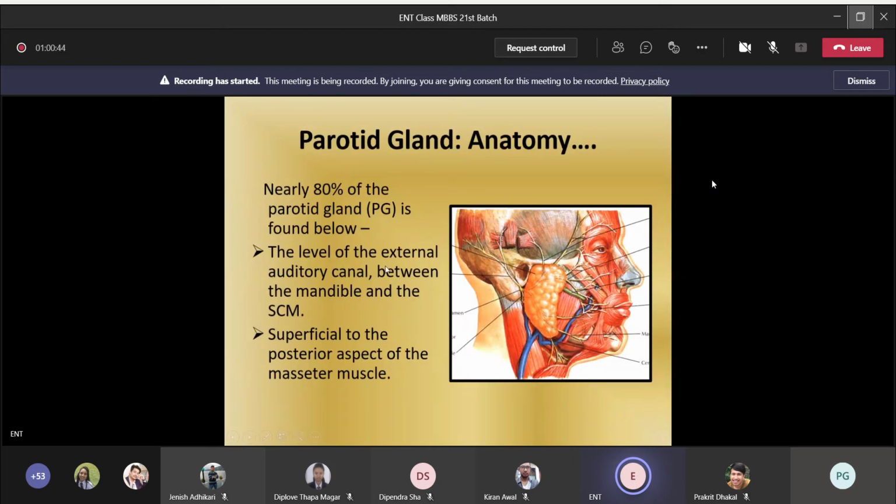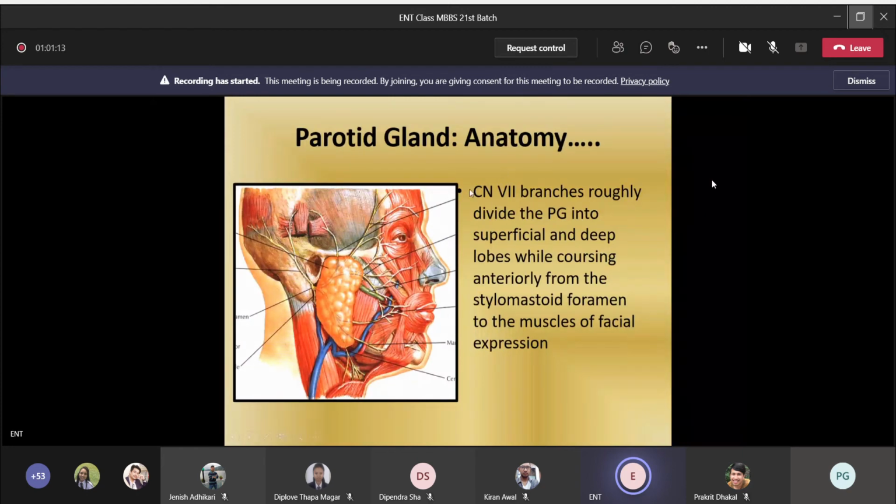Just in front of the external canal, between the mandible and the SCM, 80% of the tissue lies in this area, superficial to the posterior aspect of the masseter muscle. It lies posterior to the masseter muscle.